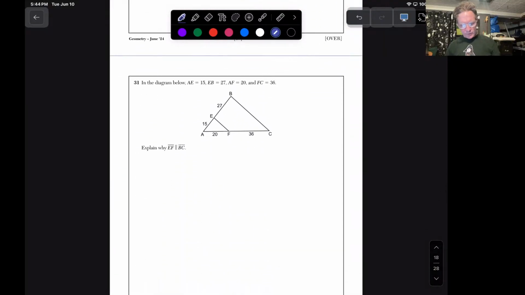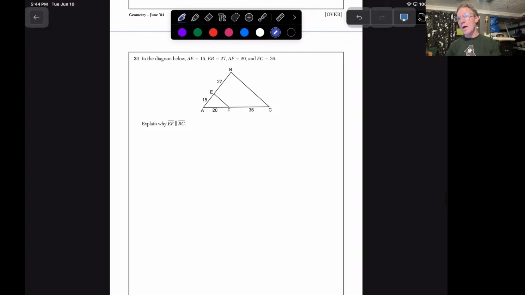All right, 31. Explain why EF is parallel to BC. I think it's best if I just read my proof. I did a little paragraph proof for this one, not a 2-column proof.